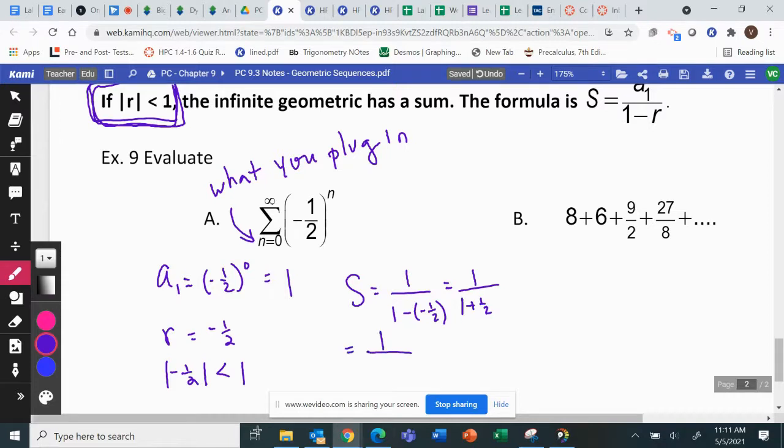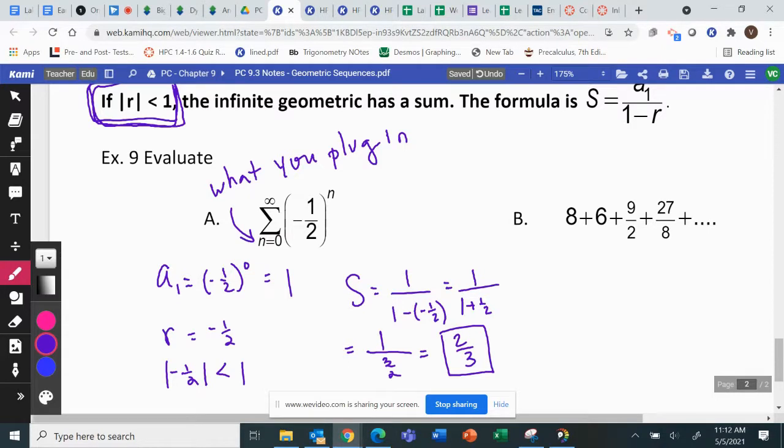I'm just doing it by hand, but. So you should get 2/3 for that sum. Did anybody do it on the calculator? Did I get 2/3? Okay, like I didn't make a mistake.